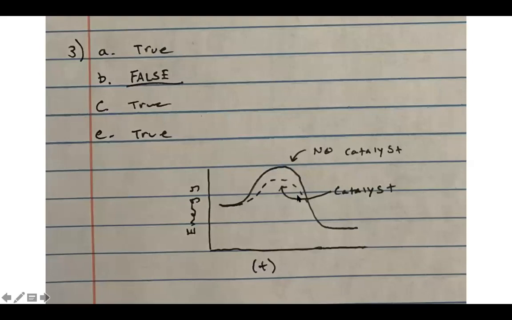So this is an energy diagram showing our reaction with no catalyst in solid line, and then the dotted line is our reaction with a catalyst. Now remember what state functions were. We learned this last semester when going over thermochemistry. State functions, or state properties, state variables, don't depend on the path taken during a reaction.